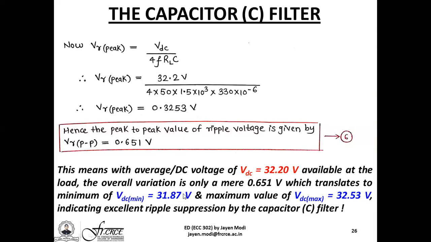We got this value by simply subtracting 0.3253 from 32.2, and we got the maximum value by simply adding 0.3253 with 32.2. So the overall power supply is only changing between 31.87 and 32.53. So the variations are extremely less, and it is all thanks to the capacitor filter.